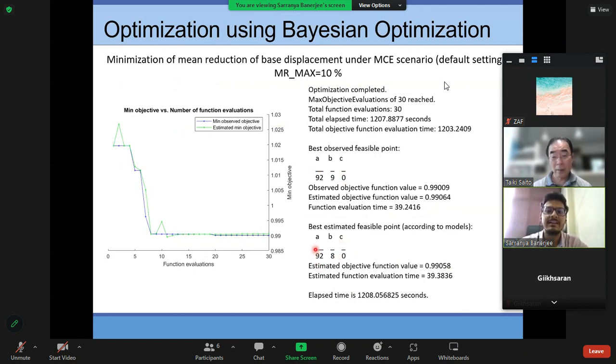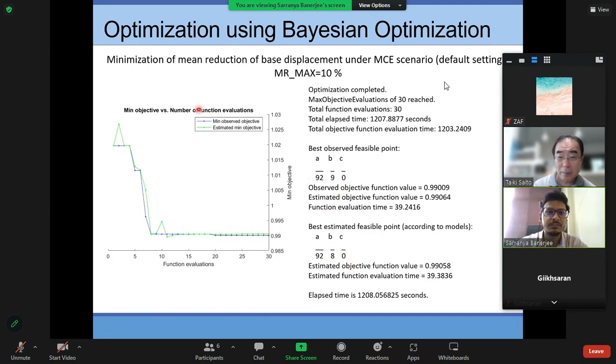It says that 92% of the mass ratio should be at the base floor with 8% damping ratio, and the second TMD at the top floor will have only 8% mass ratio and 0% damping ratio.